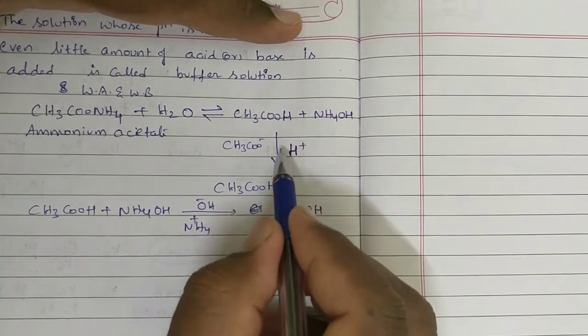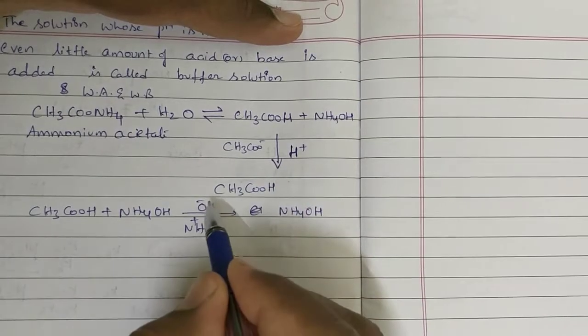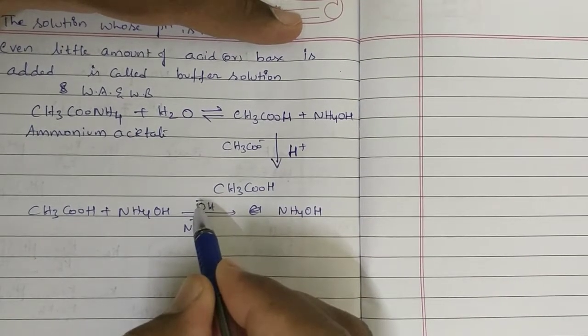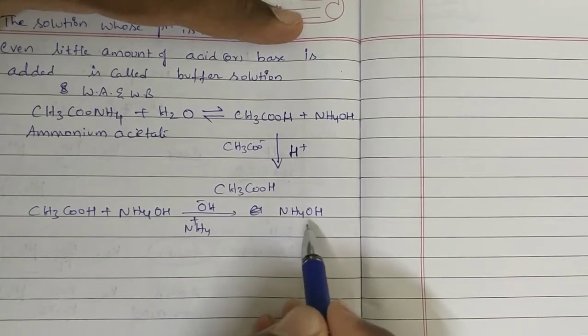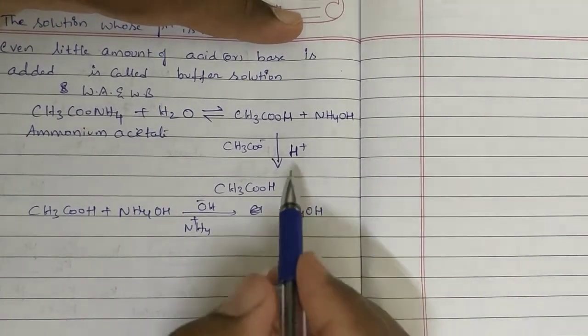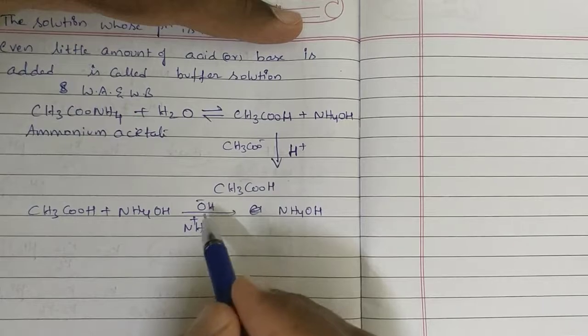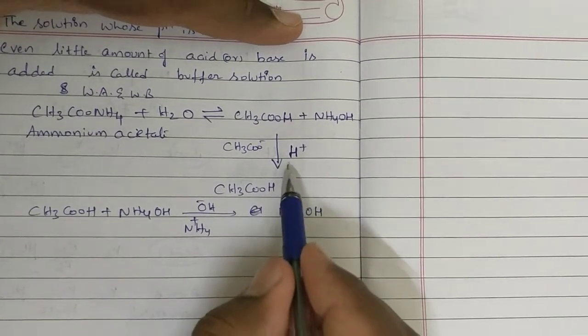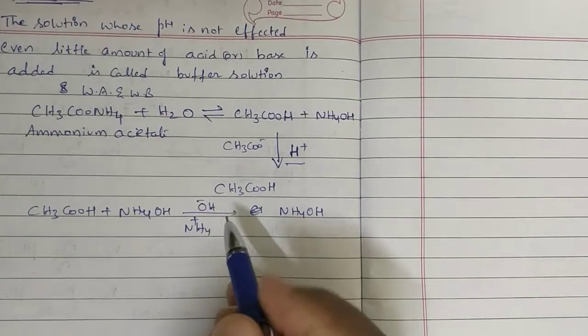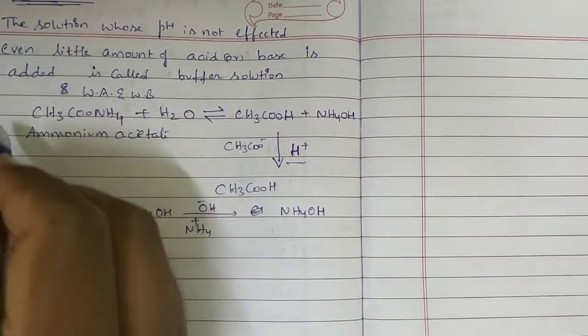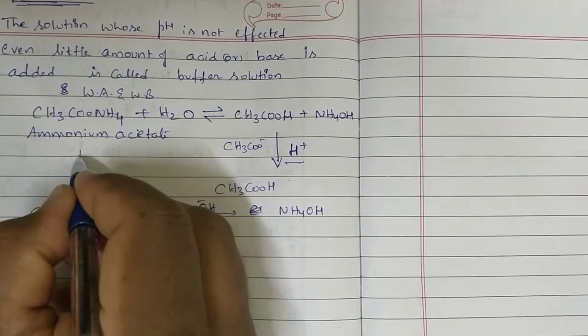So when we add a small amount of H plus and a small amount of OH minus ions, they are going to be removed in the form of CH3COOH and NH4OH again. That's why there is no change in pH, even if you add a slight amount of acid or base from outside. Here the ammonium acetate solution is called a neutral buffer.